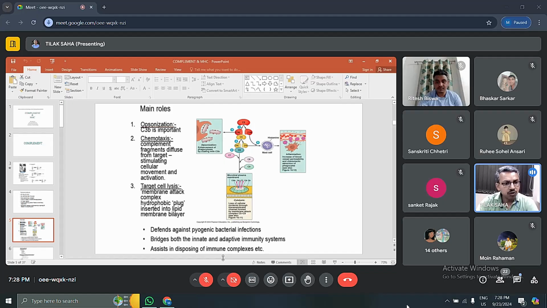It is a continuous process by which our immune system, particularly the phagocytes, clear these antigen antibody complexes from the system, right? This process is known as disposing of the immunogenic debris. All these very vital functions are carried out by the complement system.